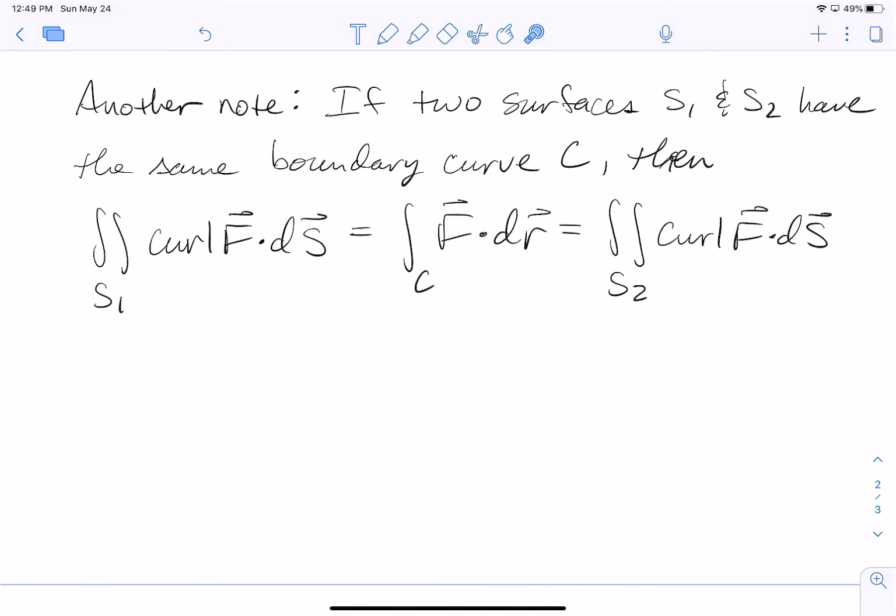So for the two surfaces, the surface integral would be the same because they both equal a line integral over the boundary curve C that they share.